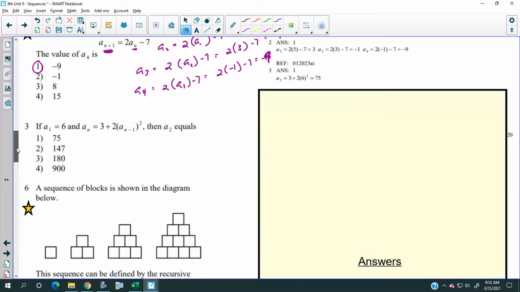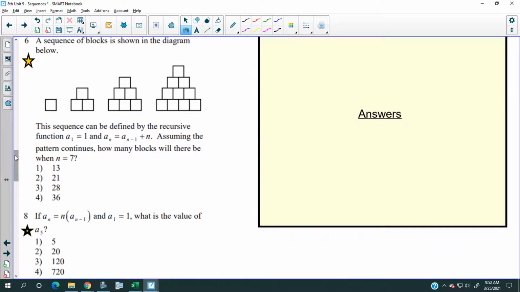Moving on. Now here we have a sequence of blocks: 1, 2, 3, 4, 5, 6, 7, 8, 9, 10. And that's 10. Here they gave us the first term and also the recursive formula.